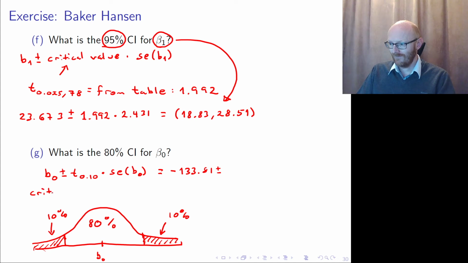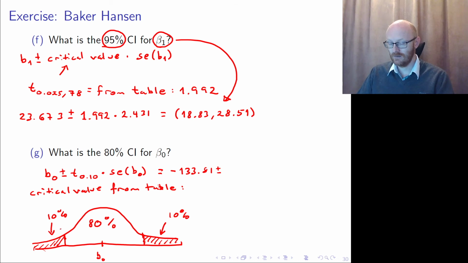So critical value from table, and we have degrees of freedom of 72. We need the 80% confidence interval.